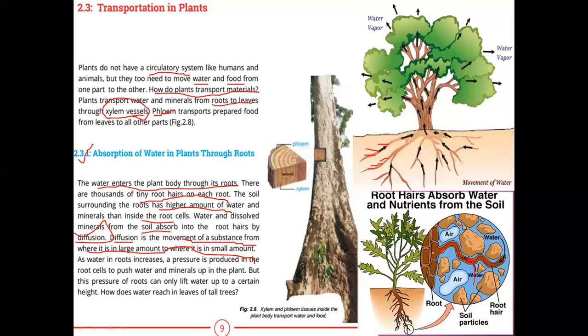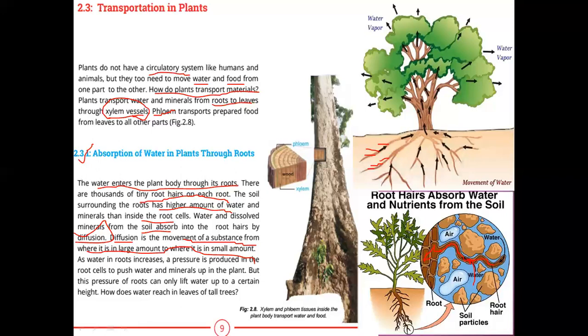When the amount of water is lower in the cells and higher in the soil, water moves from the soil into the root hairs, and through root hairs it moves into the cells of the root. This develops a pressure here because now more water is absorbed by the cells. This pressure can raise water only up to a certain level.